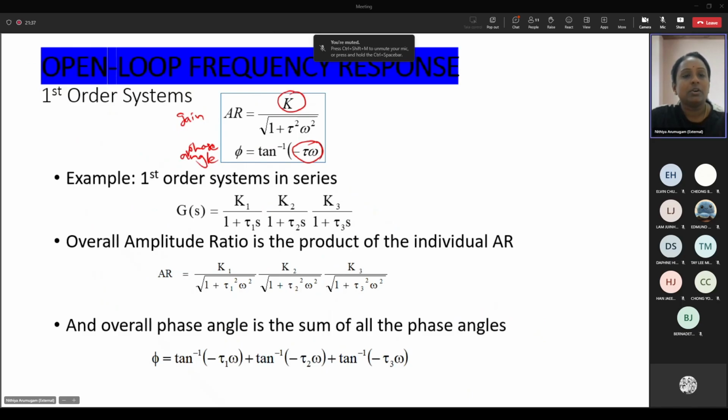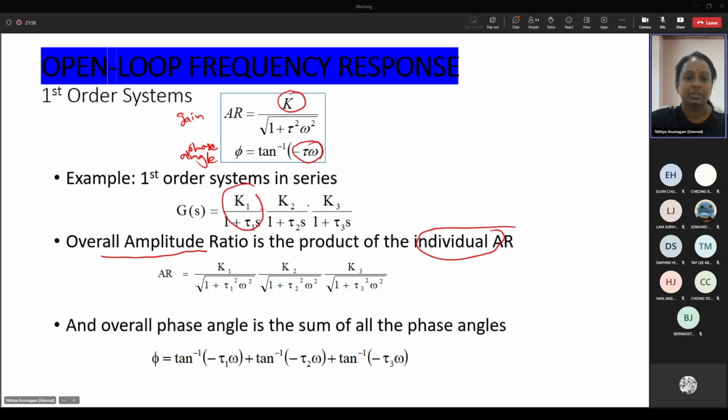Right. So for a first order system, let's say we have a system in series, we can express that separately also. So for us to calculate the overall amplitude ratio, we need to get the individual amplitude ratio first, meaning the individual amplitude ratio of this, of this, and of the third term.